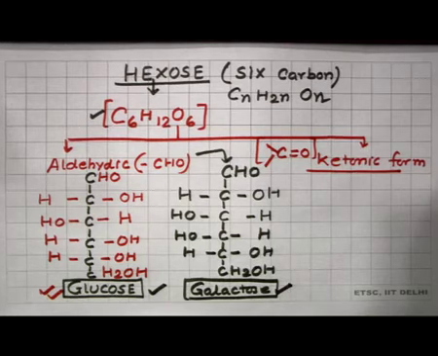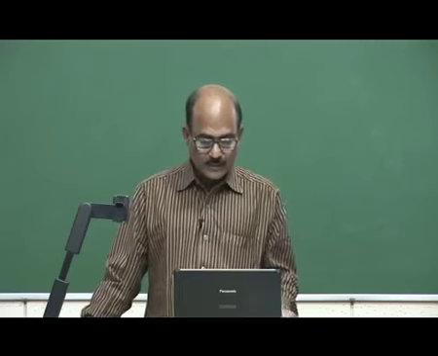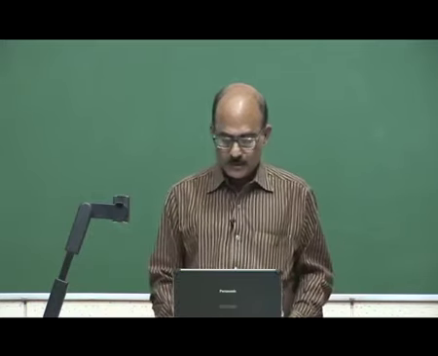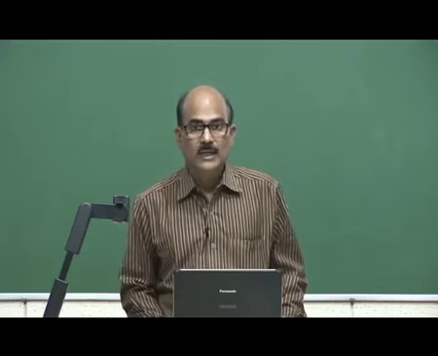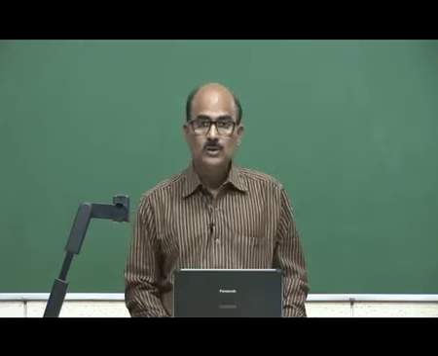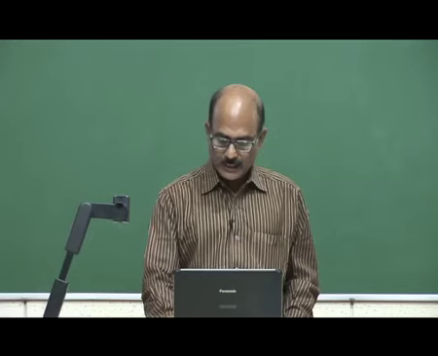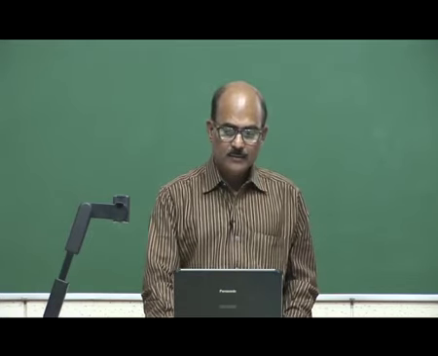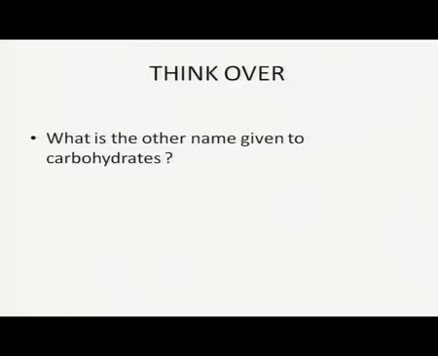So, now we can summarize the whole thing, that is carbohydrates are found as monosaccharide, disaccharide, oligosaccharide and polysaccharide. Now, the structure of triose, tetrose, pentose and hexose. Now, you can easily think over these questions.